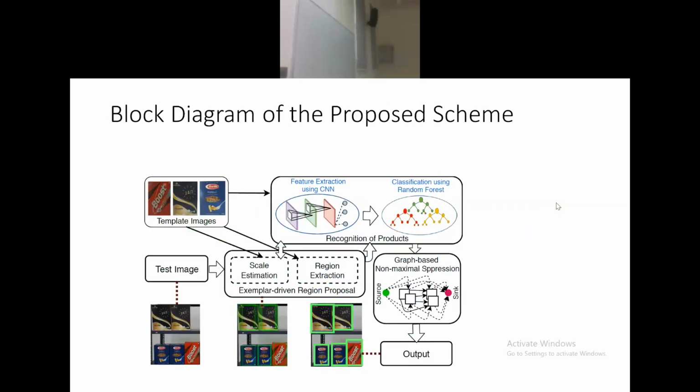There is an attempt to measure the scale, estimate the scale, and then extract the regions. That's the overall scenario. And this is the graph-based non-maximal suppression part that finds out the winner among the possible boxes. These are the marketing images that are getting into the system to recognize the possible locations.